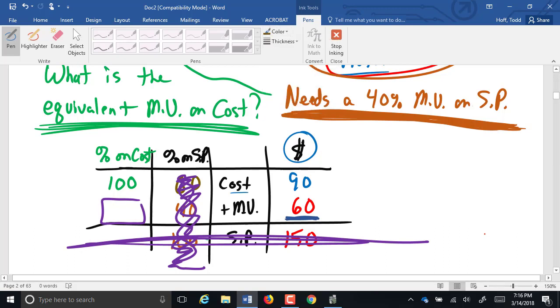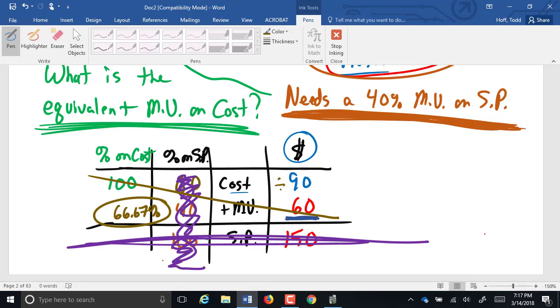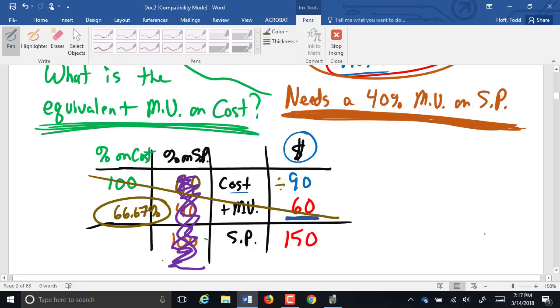I'm going to go ahead and do 100 times 60 divided by 90, which is going to be 66.67. Yeah, 66.666. Now the cool thing about this: we made up these prices over here.